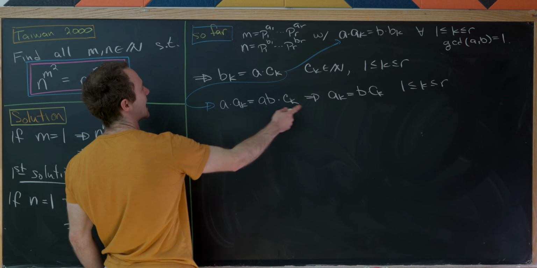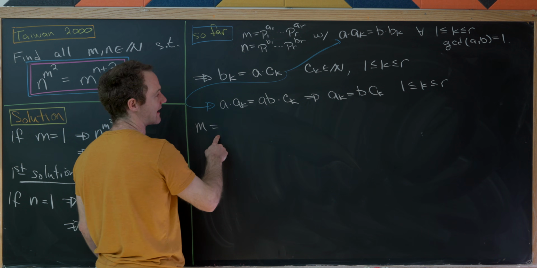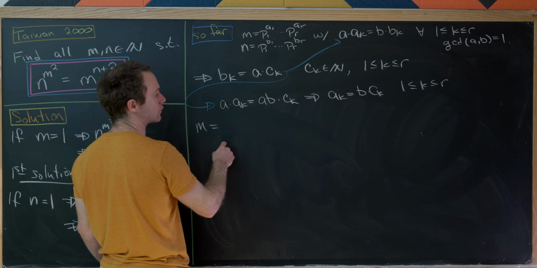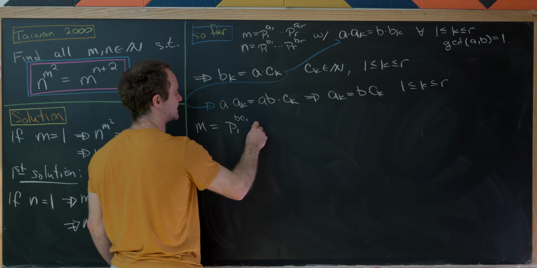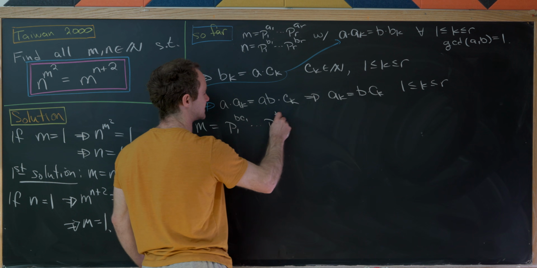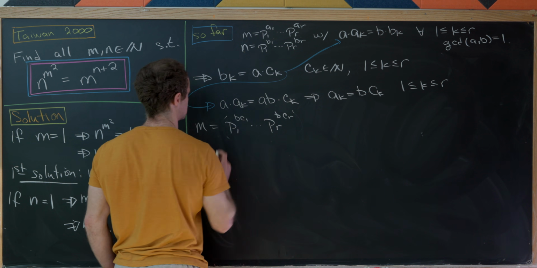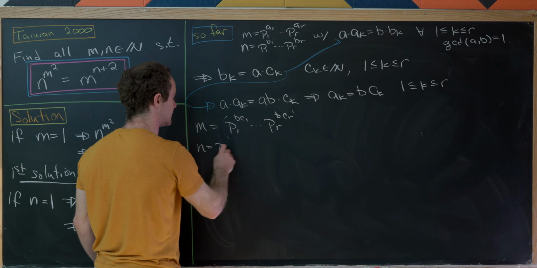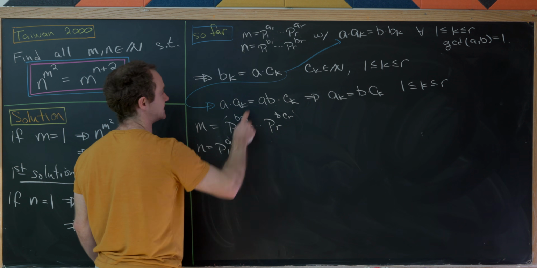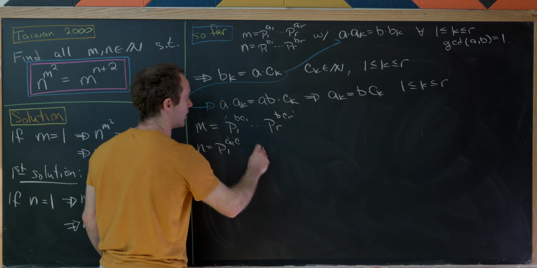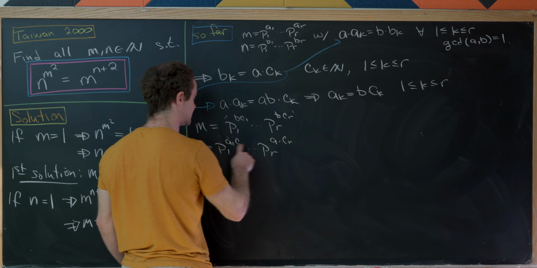But let's now put that back into our m and n expression. And we'll have m is now equal to p1 to the b times c1 all the way up to pr to the b times cr. And then we'll have n is equal to p1 to the a times c1 from this right here all the way up to pr to the a times cr.